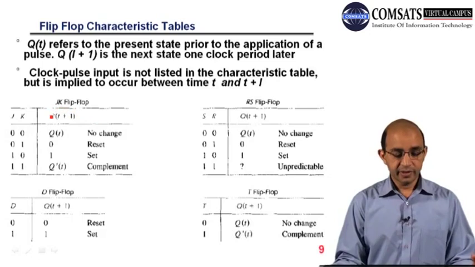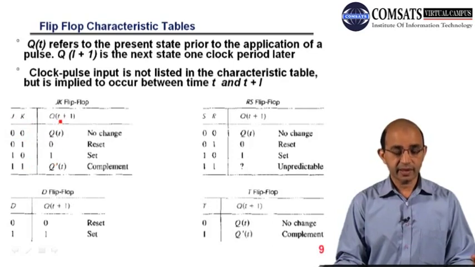Here we have a different representation, so due to that difference we call it a characteristic table. You can see here we have t plus 1, which mentions the next state, and here we have JK. These are the combinations: if we have two inputs, J and K, we have 4 different combinations.